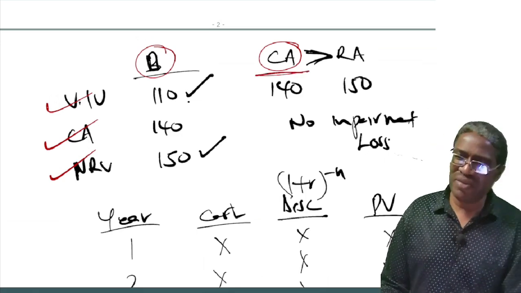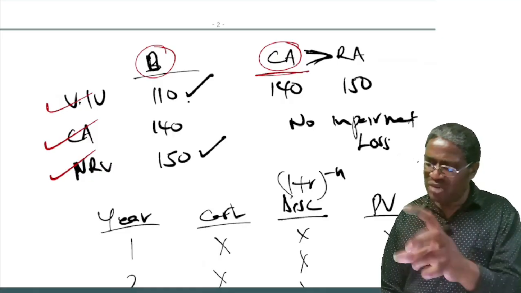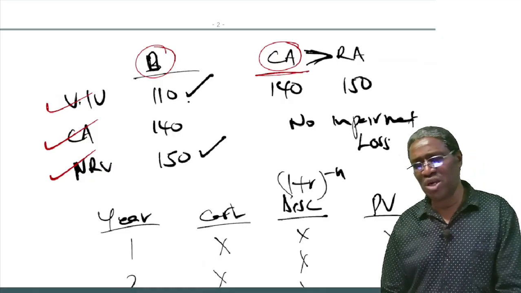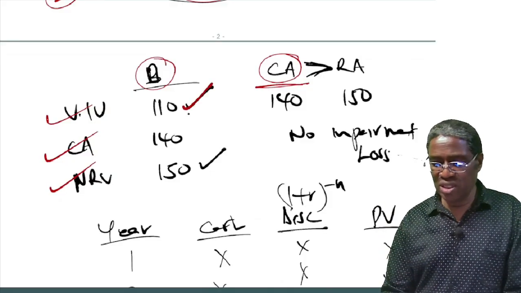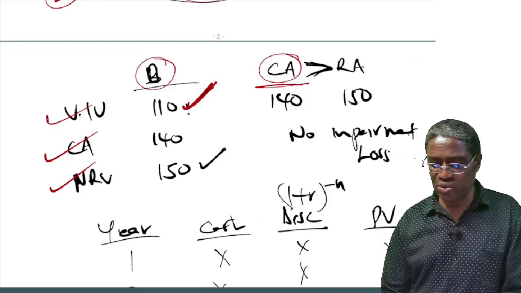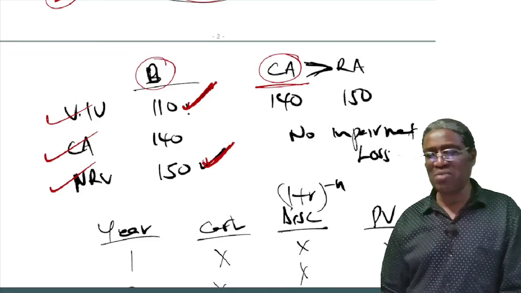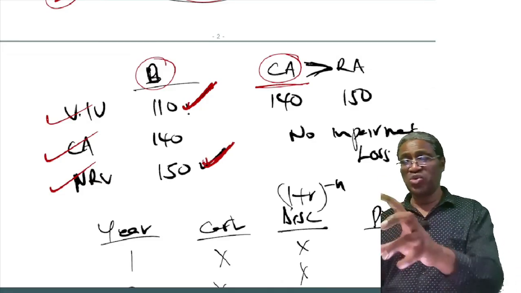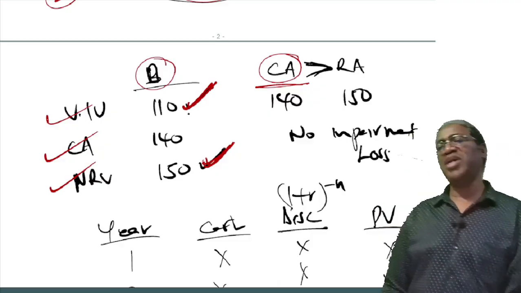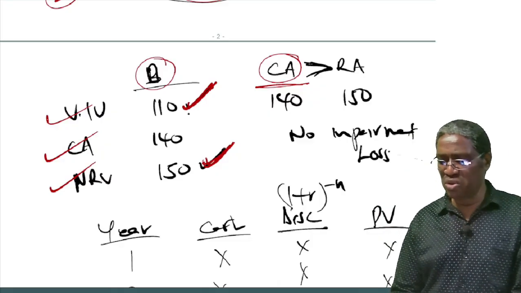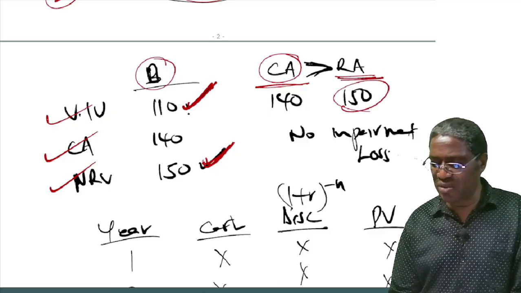Then we determined the recoverable amount. We said you compare two values: one, the value in use, and number two, the net realizable value. Whichever of the two is higher is what you pick, and from this case the higher of the two was 150 as our recoverable amount.